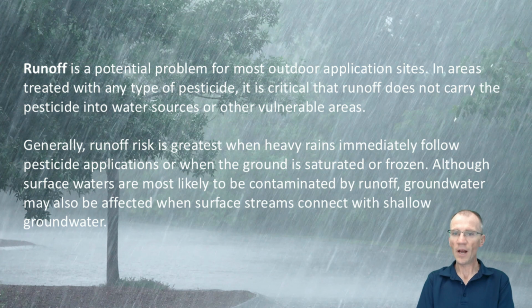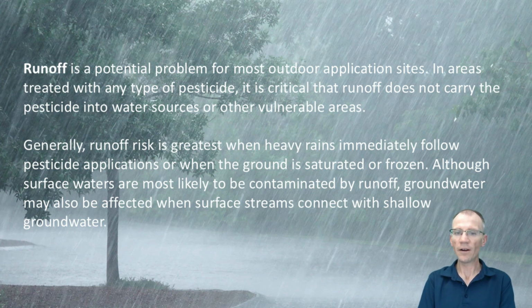Runoff is a potential problem for most outdoor application sites. In areas treated with any type of pesticide, it is critical that runoff does not carry the pesticide into water sources or other vulnerable areas. Generally, runoff risk is greatest when heavy rains immediately follow pesticide applications or when the ground is saturated or frozen.